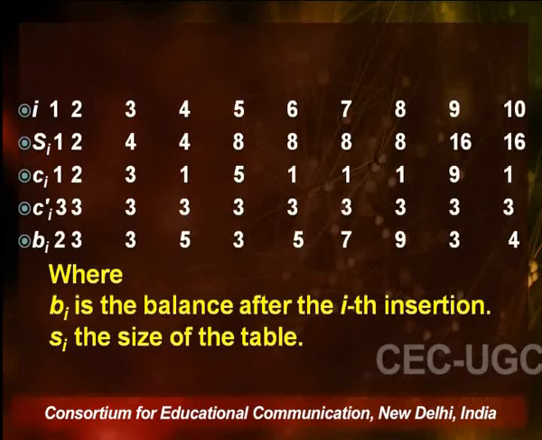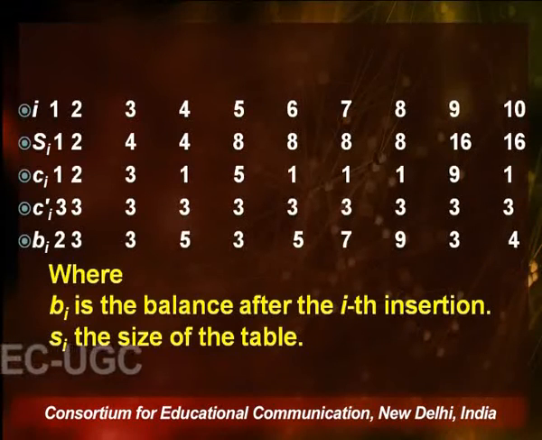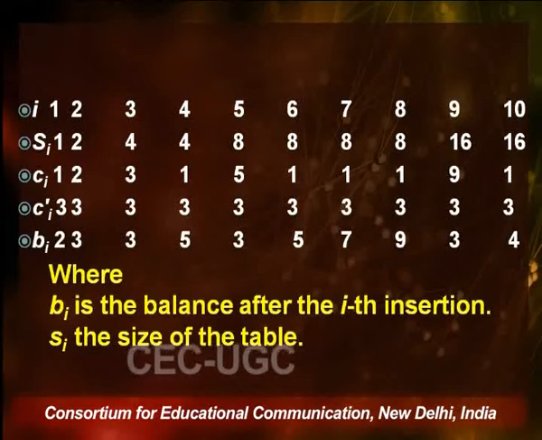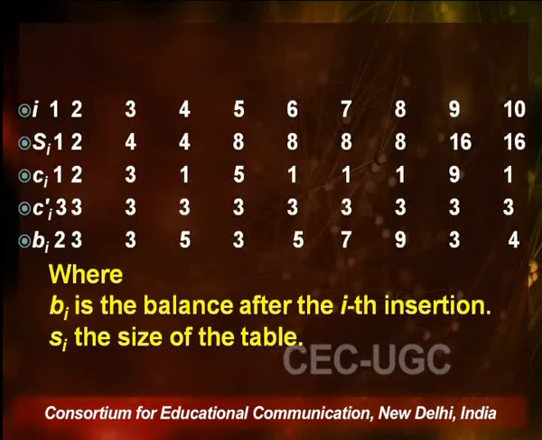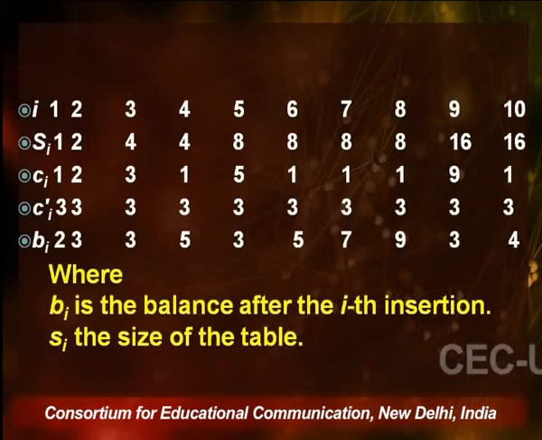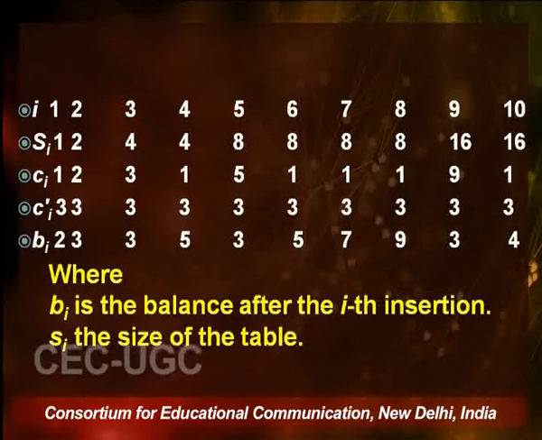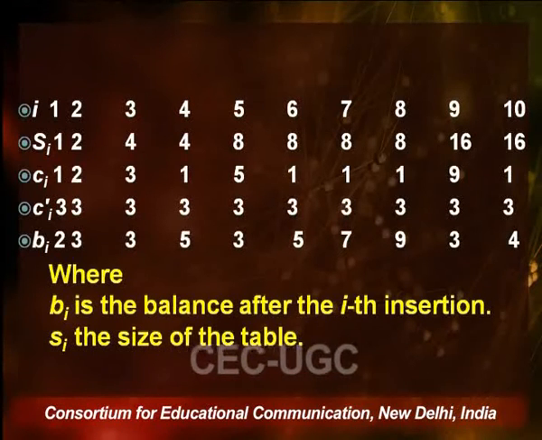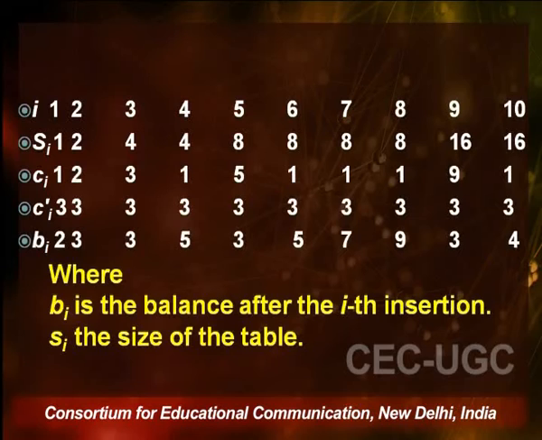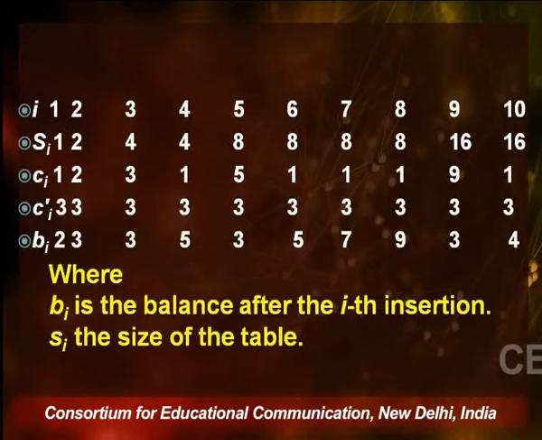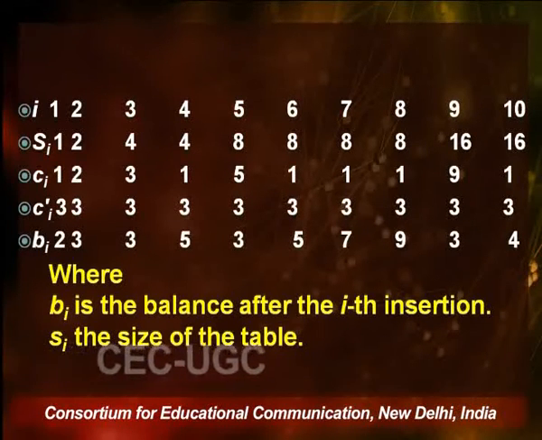Ci prime is the amortized cost being charged for the insertion operation. And we have one more row which is Bi. Now, Bi is a very important row here, which is the balance after the ith insertion.